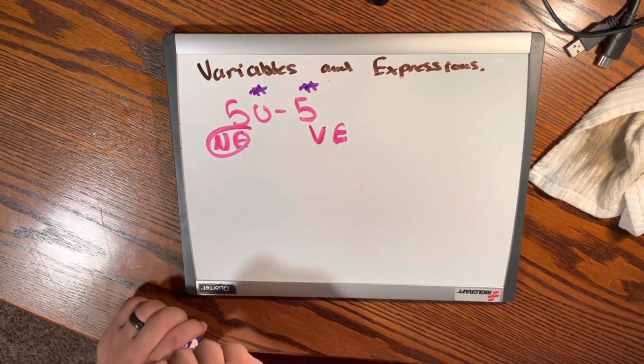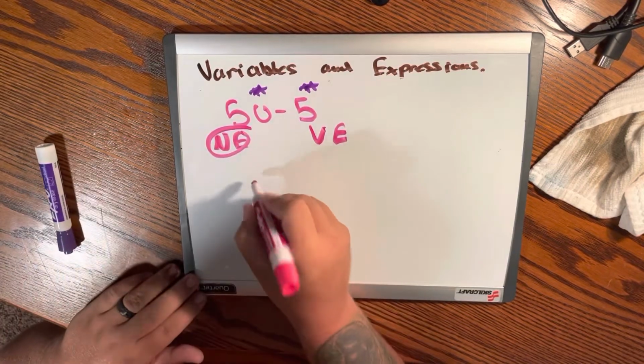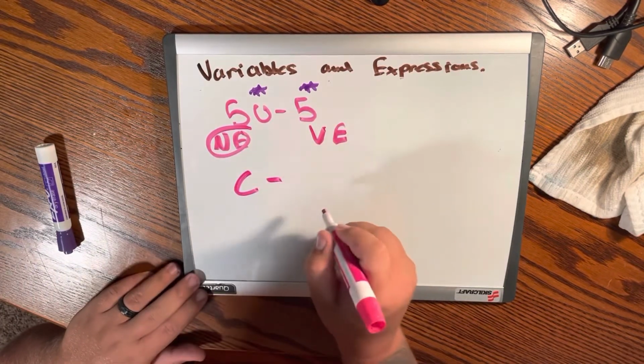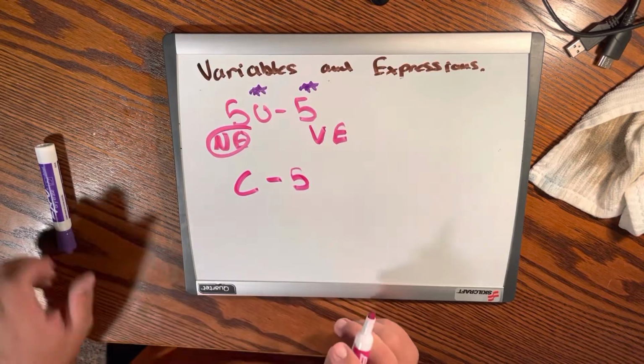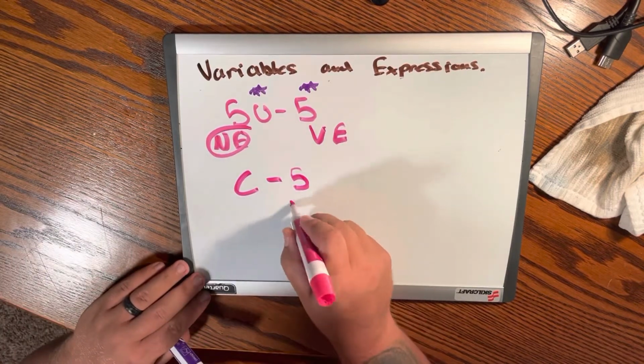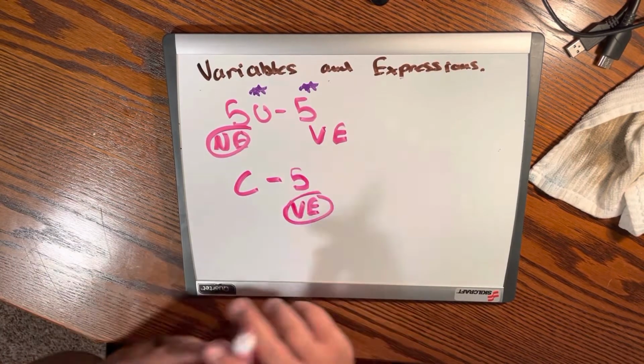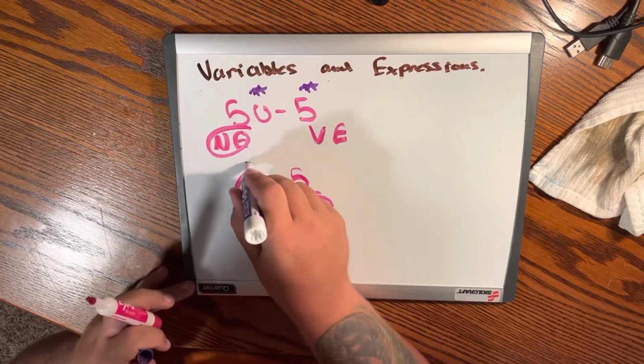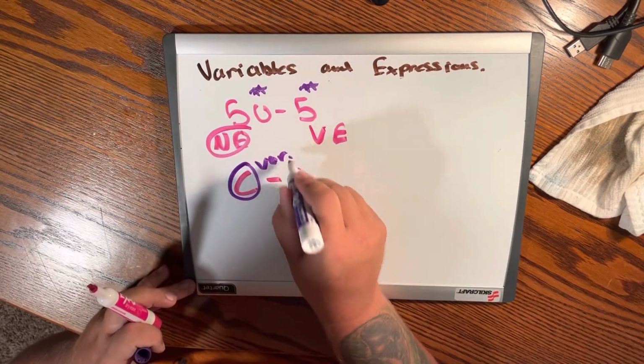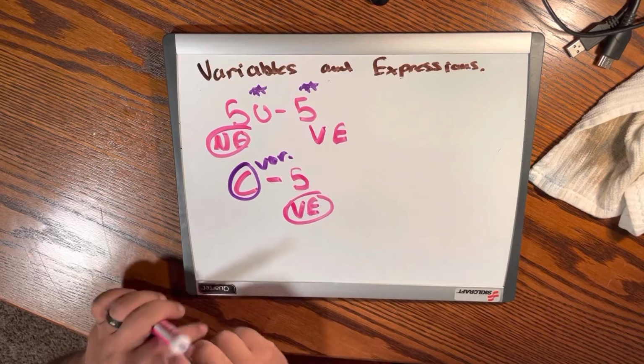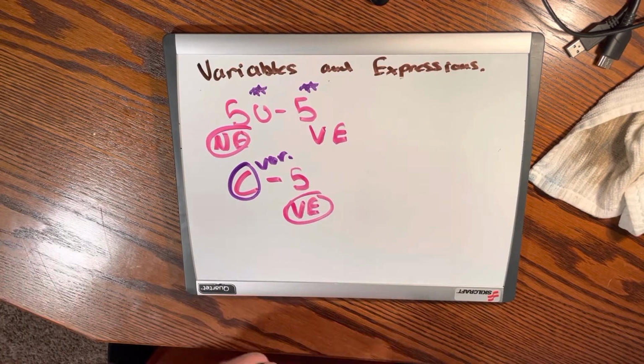Now if we have something like c minus 5, this is a variable expression because we have this guy right here, which is a variable. If there's a letter, then it's probably a variable expression. Straightforward.